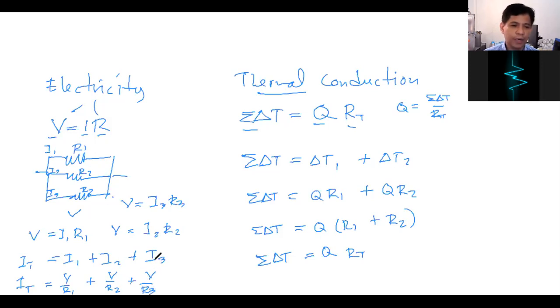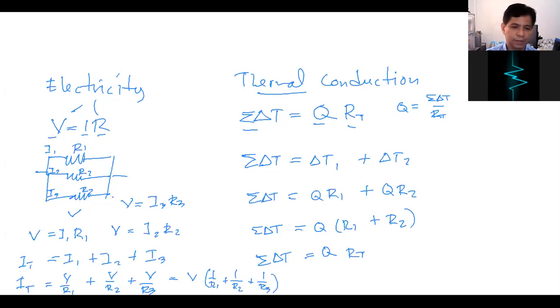What I'm trying to do, I'm trying to explain the parallel equation for thermal conduction. So pag pinactor out nyo yung B dito, you will have 1 over R1 plus 1 over R2 plus 1 over R3.